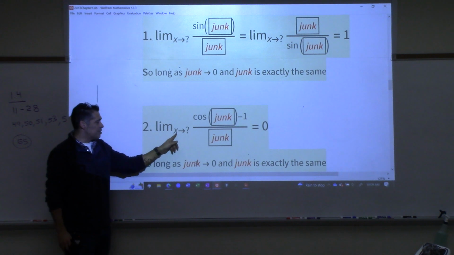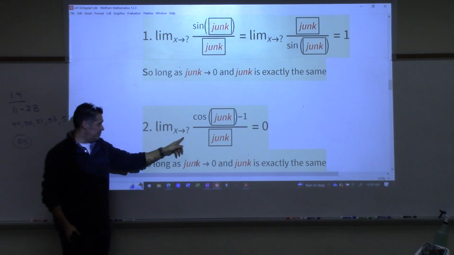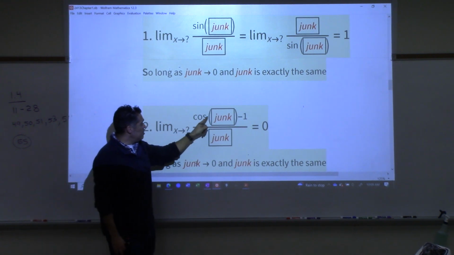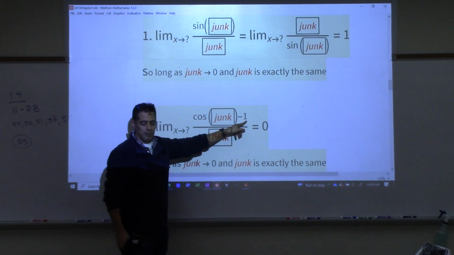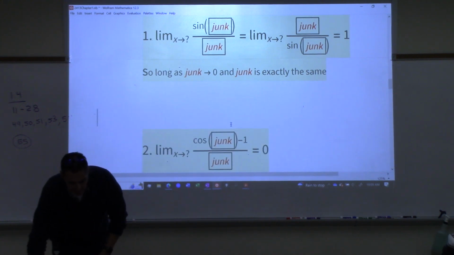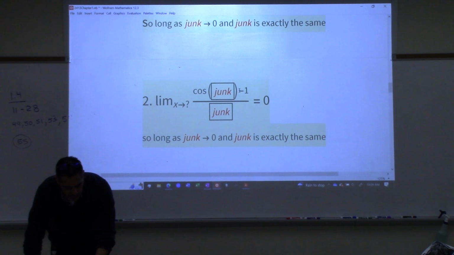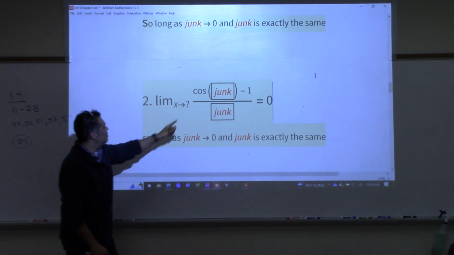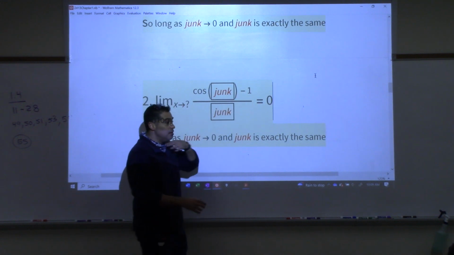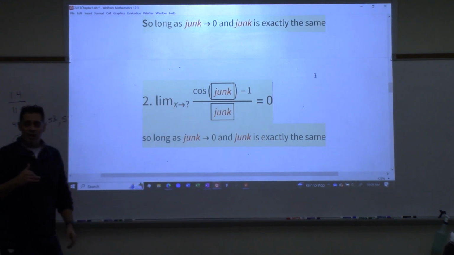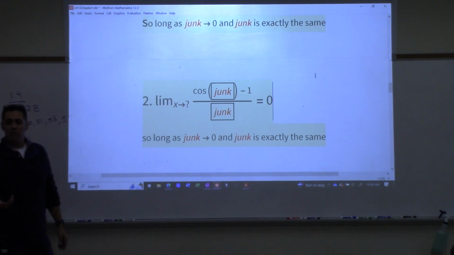If you have x going to whatever, doesn't matter what it is, and you have cosine junk minus 1, and that minus 1 is not inside the cosine, so this is separated. Okay, so cosine junk minus 1, over junk, the answer is 0.